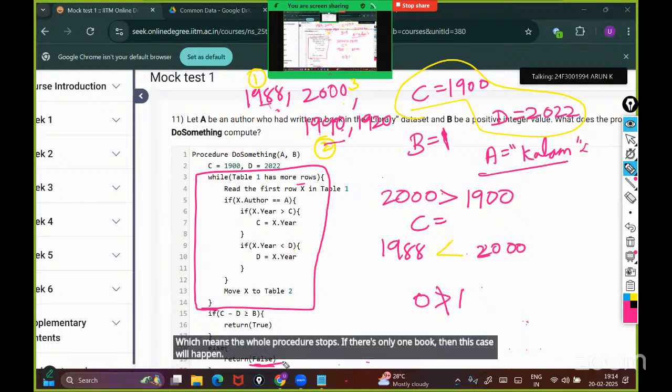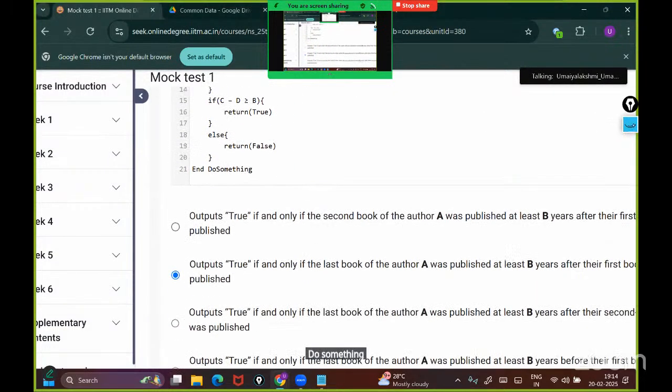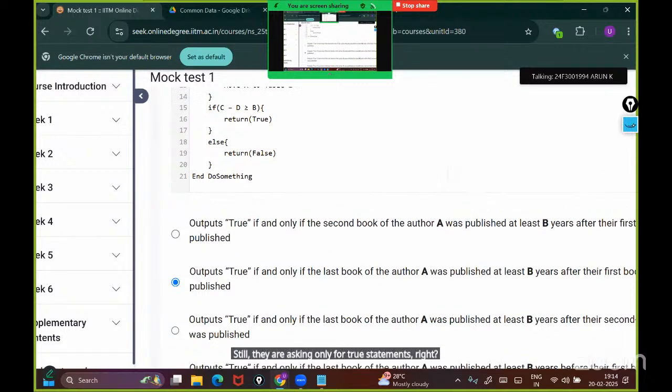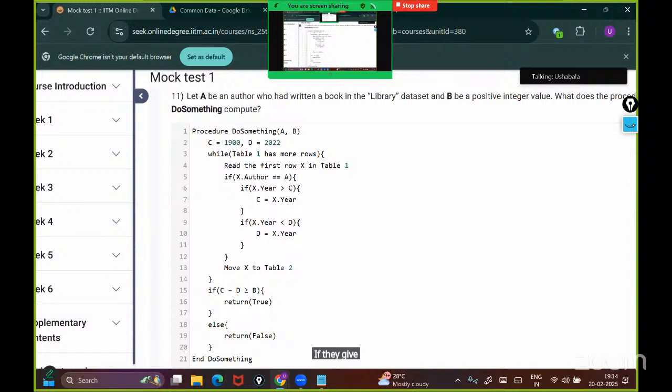So what is the conclusion now? They are asking only for true statements, right? So they're talking about true statements. If they give options about false, we need to ignore them.